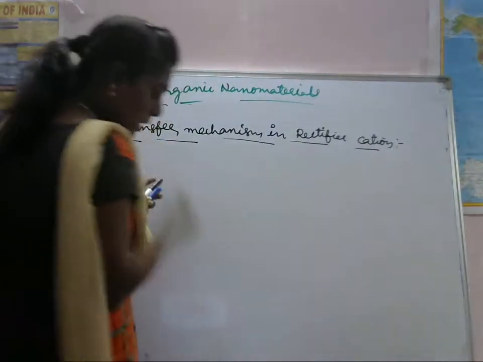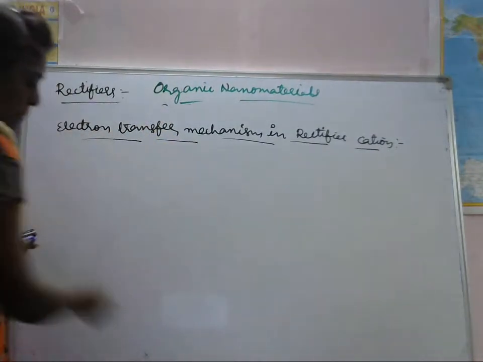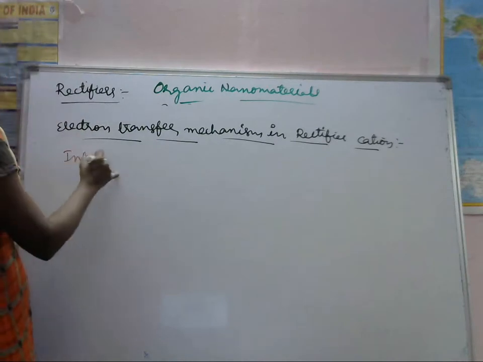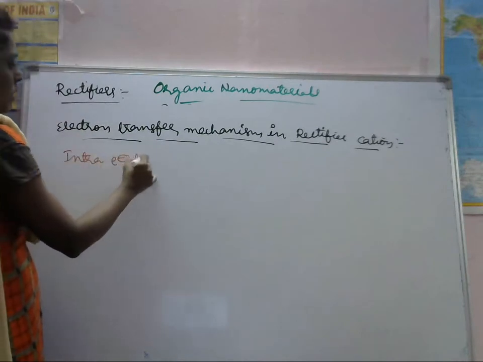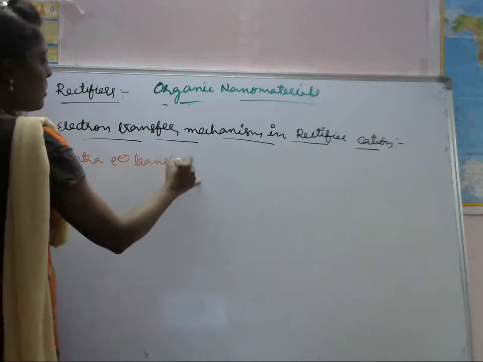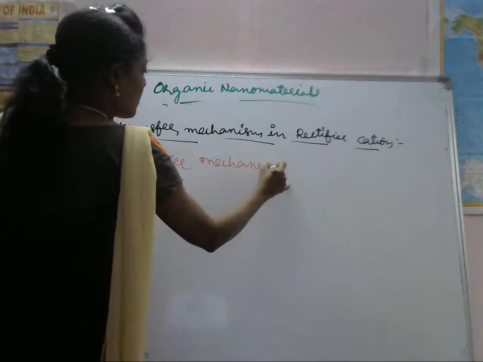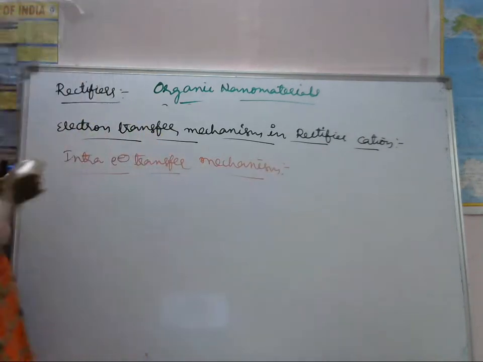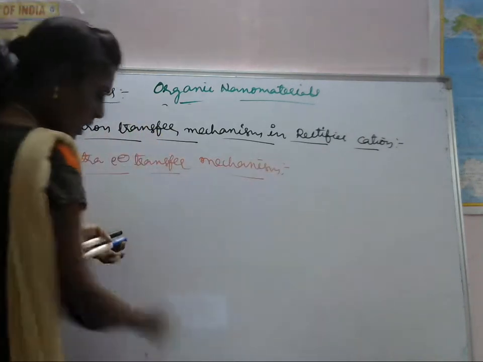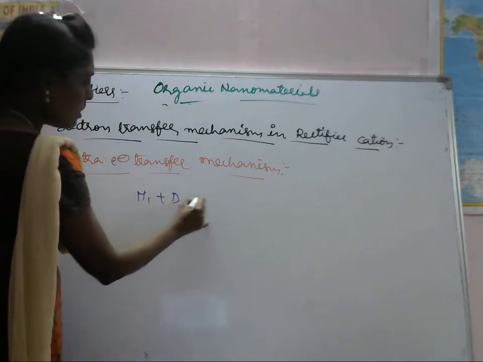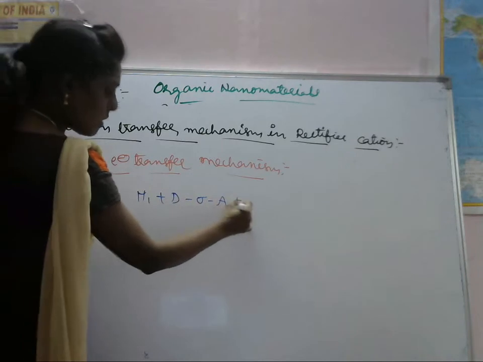Let's see the third one, the intra-electron transfer mechanism. Let's see how it will be. Actually we have to take M1 plus D sigma A plus M2.